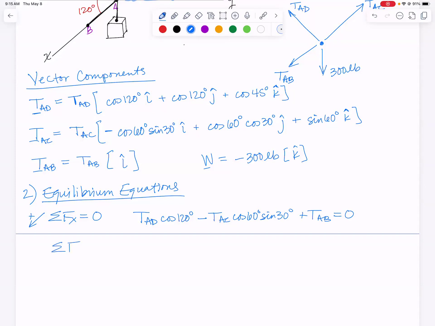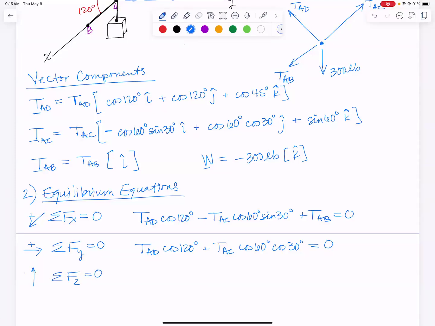We can also sum forces in the y direction. Y is to the right, and just grabbing all these, I've got TAD cosine 120 plus TAC cosine 60 cosine 30 equals 0. And then finally in the z direction, that's upward. Got a component from TAD cosine 45, just grabbing all the K's.